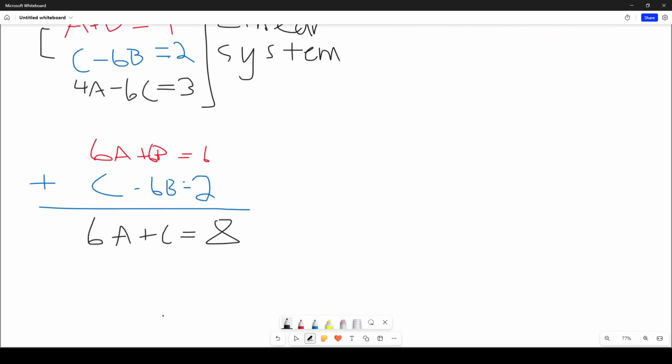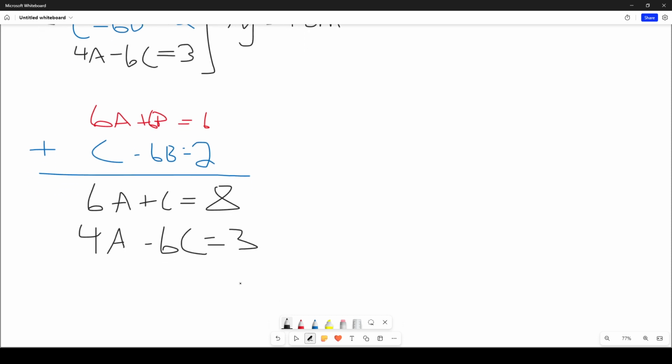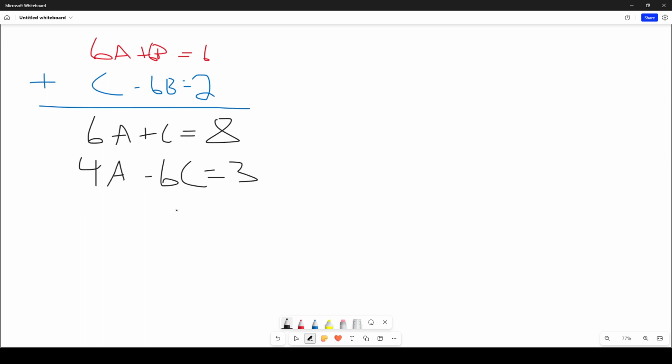Now, let me look at this third equation. 4a minus 6c equals 3. We could do the same trick with multiplying the c's, and I recommend you try that out. In this example, I'm going to try to cancel out the a's. So multiply this top equation by 2. We get 12a plus 2c equals 16.